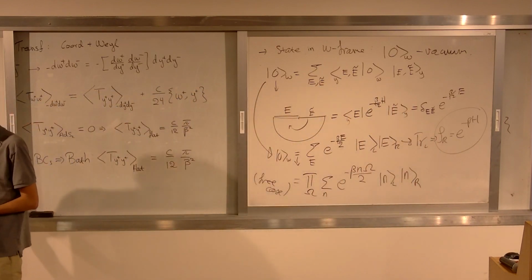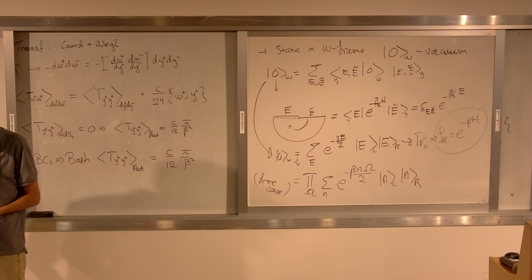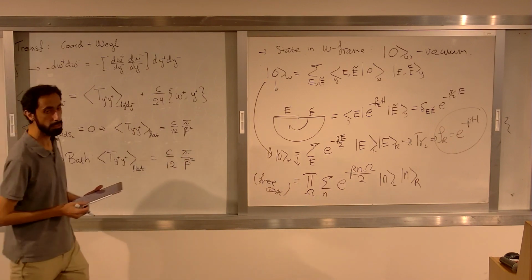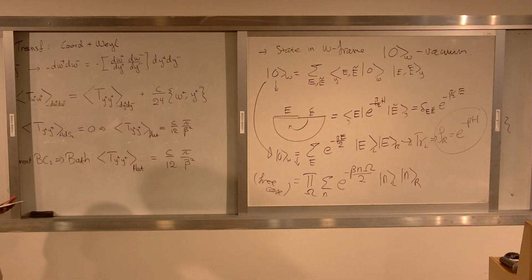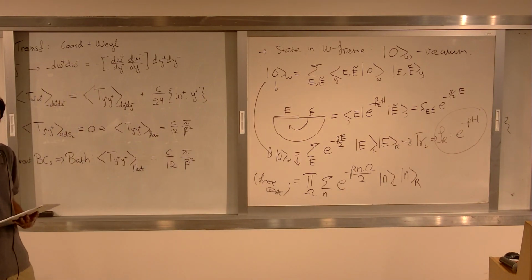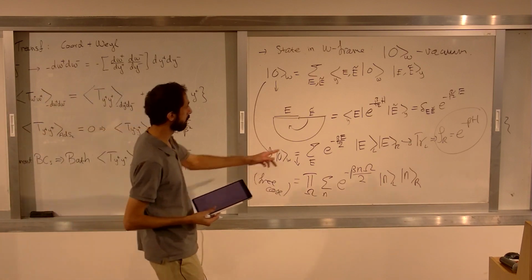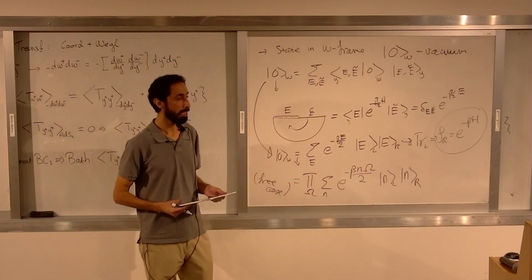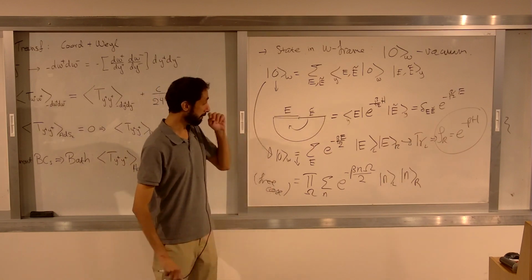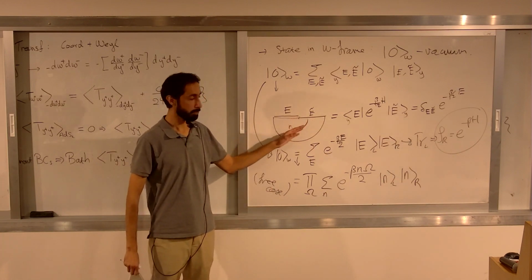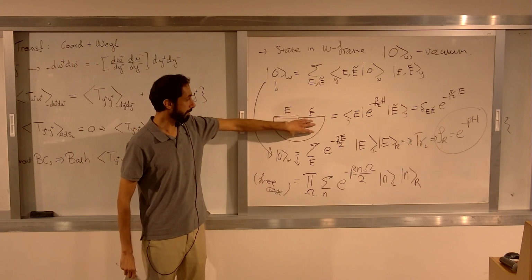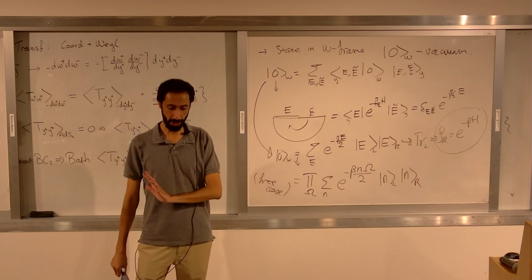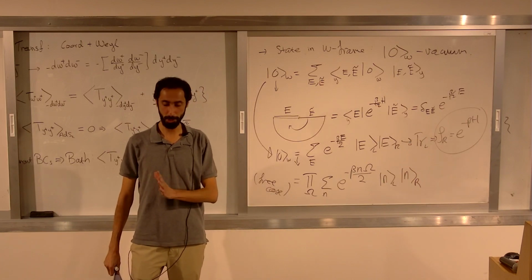Just one question. E is for the left path and E tilde is for the right path. Yes. But if they can evolve into each other, they are in the same Hilbert space, the left and the right. How do you do a tensor product of that? So they're not the same Hilbert space, but the thing about Euclidean field theory is you can choose which way to evolve states.